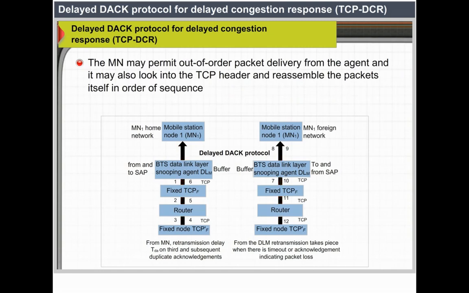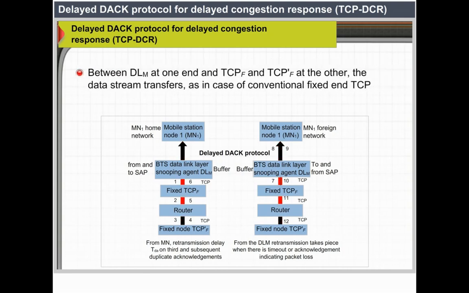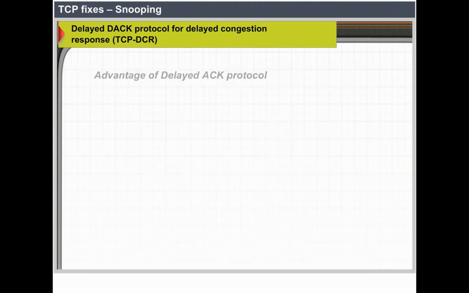The MN may permit out-of-order packet delivery from the agent, and it may also look into the TCP header and reassemble the packets itself in order of sequence. Between DLM at one end and TCP/F at the other, the data stream transfers as in the case of conventional fixed-end TCP.